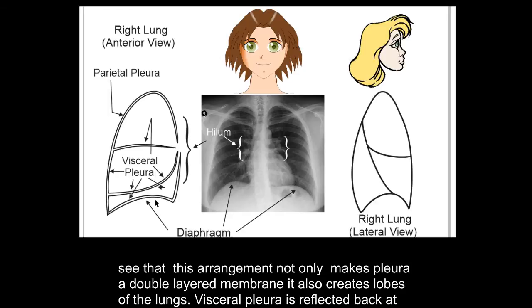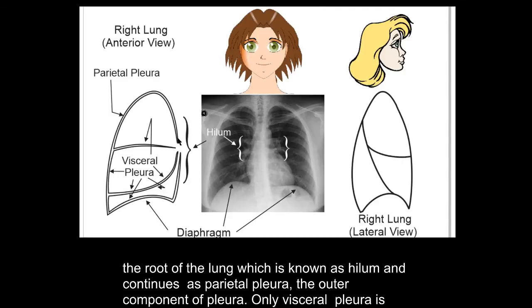This arrangement not only makes pleura a double-layered membrane, it also creates the lobes of the lungs. Visceral pleura is reflected back at the root of the lung to create the outer layer of pleura, which is known as parietal pleura.